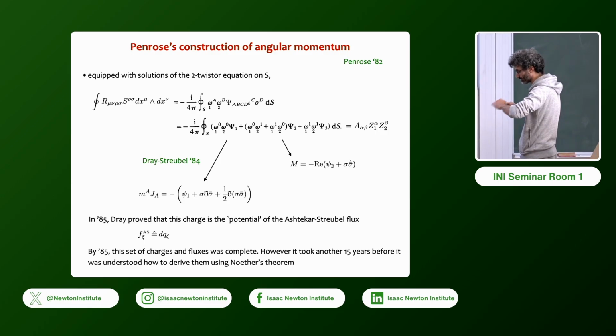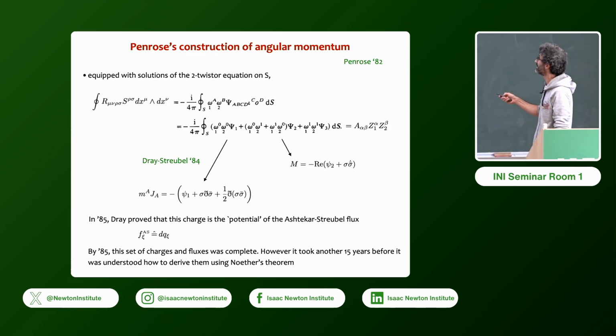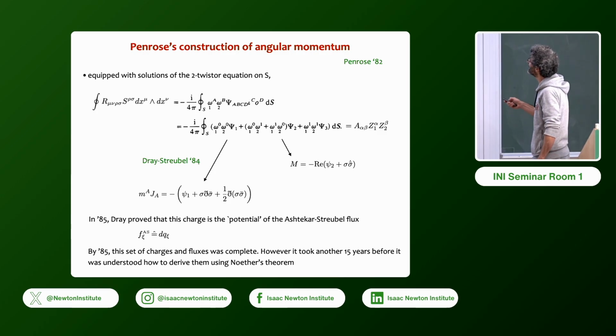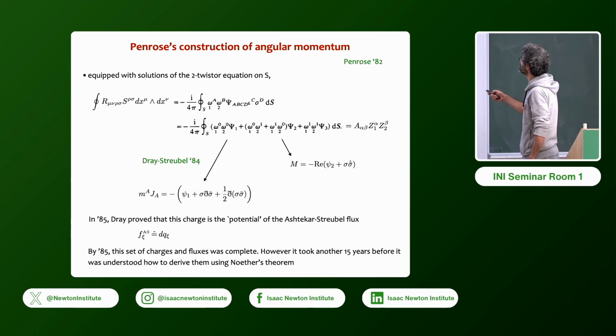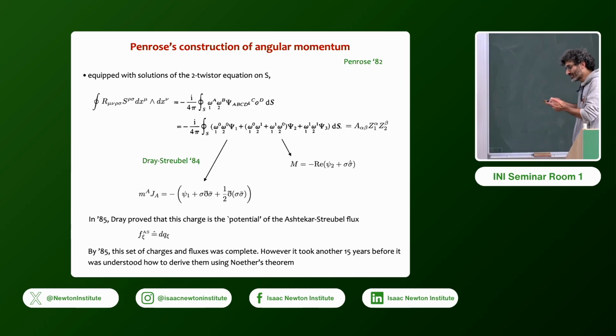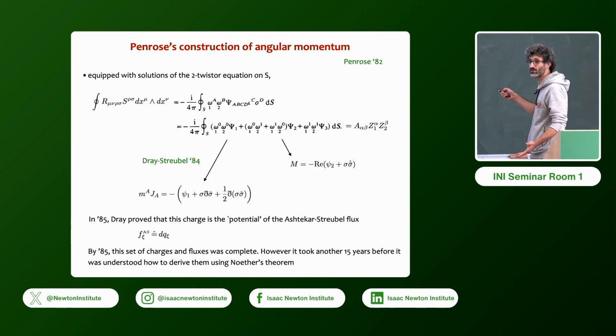This is a basis adapted to the cut you have taken on scri, and this omega 1 and omega 2 are the solutions of that previous equation. You are in vacuum, so there's only psi. So this equation up to numbers becomes equal to this, and then all you have to do is plug in the solutions you have found. And what Penrose interpreted as a definition of the angular momentum twistors in an asymptotically flat spacetime if we are at scri, or in an arbitrary spacetime, as a notion of quasi-local observable.